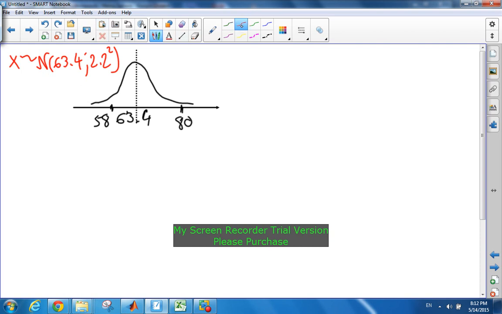So we are actually looking for this area. It's going to be cumulative from minus infinity up to 80, and then minus this cumulative area from minus infinity up to 58. Okay, that's how we are going to compute it.